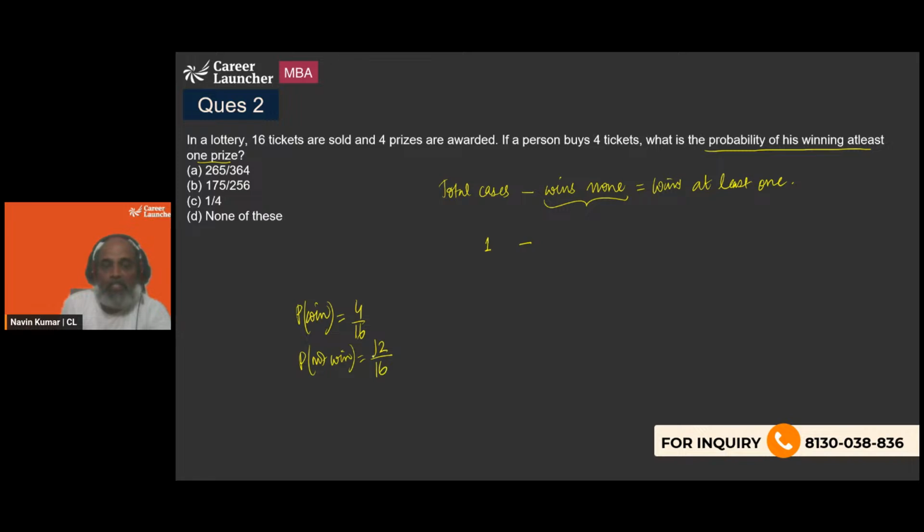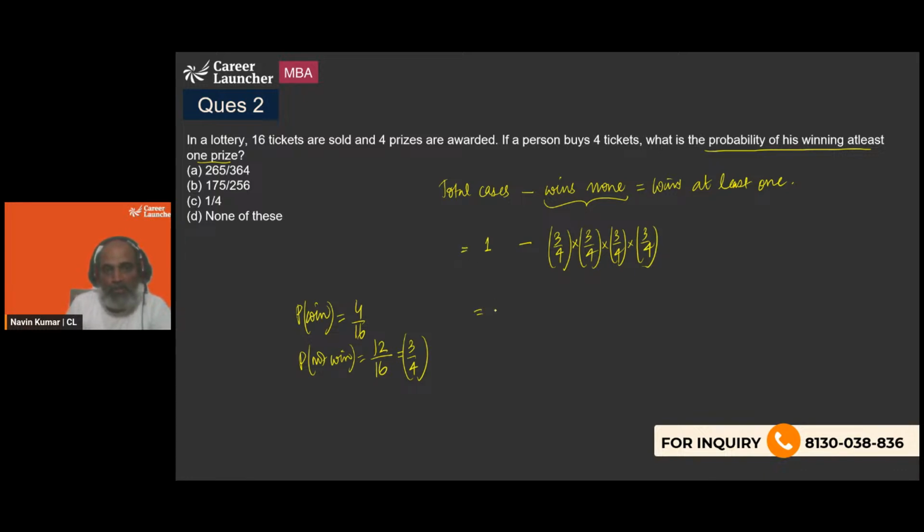What if he selects those 12 lottery tickets? Where he won't get a prize, right? So 12 by 16 is going to be 3 by 4. Since there are 4 tickets, the first ticket not getting any prize is going to be 3 by 4. The same is going to be for the next one, the same for the third ticket, and the same for the fourth ticket, right?